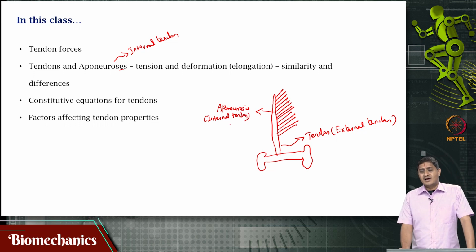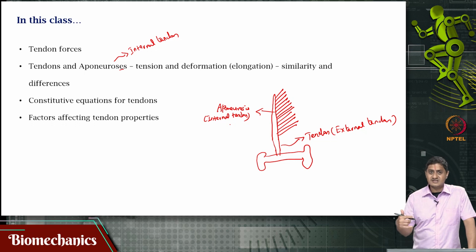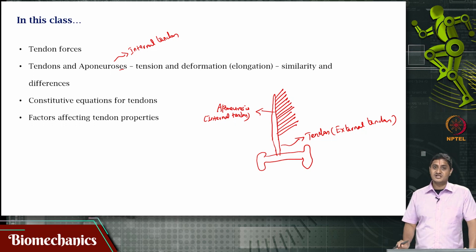Crucially, as the internal tendon or the aponeurosis proceeds closer to the external tendon, its breadth increases, or its ability to resist forces increases, and that makes sense, right, because it is able to carry or transmit more and more force as you go down from the top to the bottom in this picture.